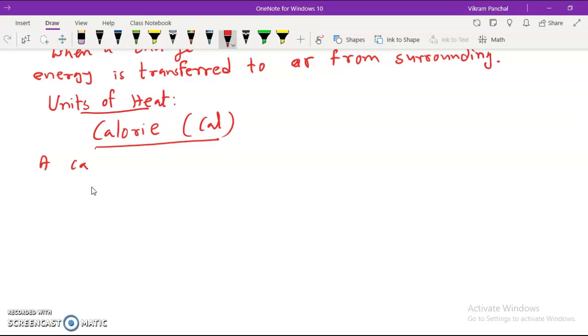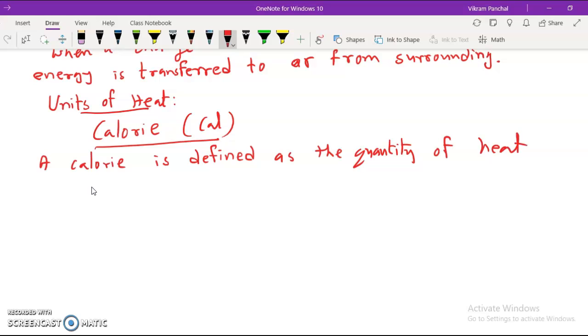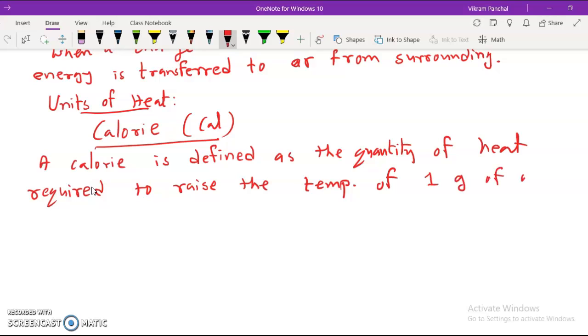A calorie is defined as the quantity of heat required to raise the temperature of 1 gram of water by 1 degree. So this much amount of heat is called 1 calorie.